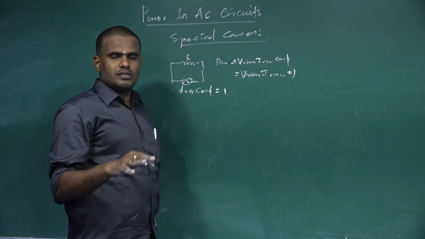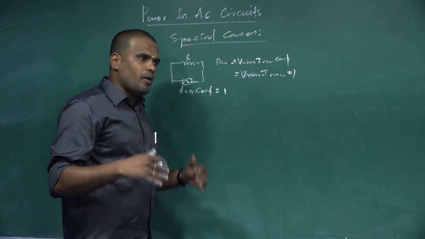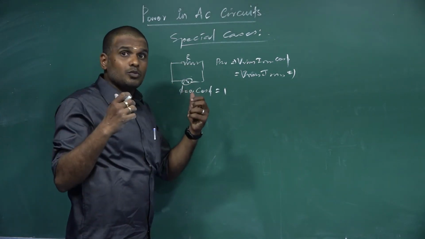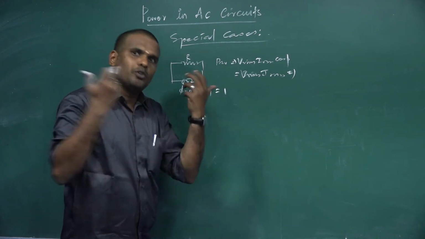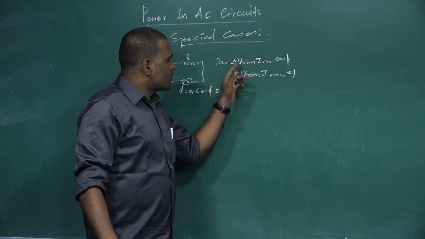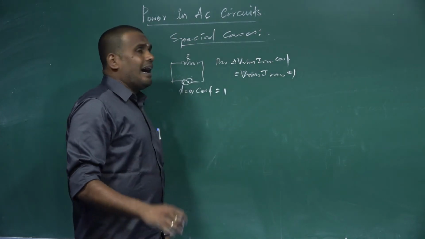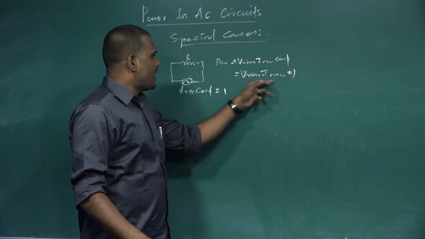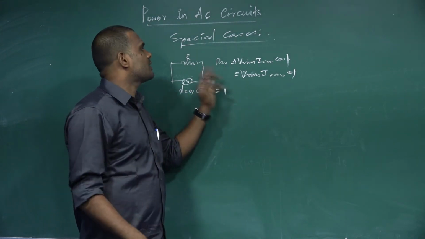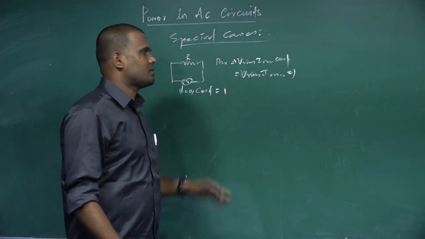So in a pure resistive circuit, what is the amount of power provided to the resistive circuit? The total power is consumed by the circuit. I am giving you 100 rupees, and you are utilizing all the 100 rupees. That's the meaning. So the total power provided, the apparent power, is Vrms Irms. Average power consumed by a pure resistive circuit is equal to Vrms Irms.